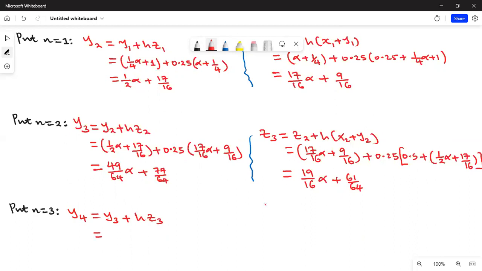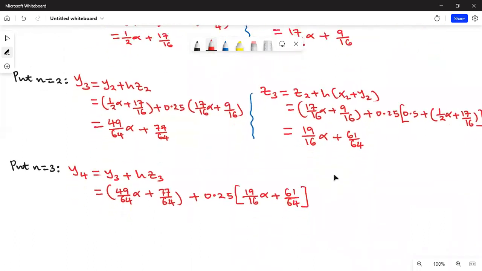And our Y3, we have it as 49 over 64 alpha plus 77 over 64. Our H is 0.25. And then our Z3, we have just found it as 19 over 16 alpha plus 61 over 64.